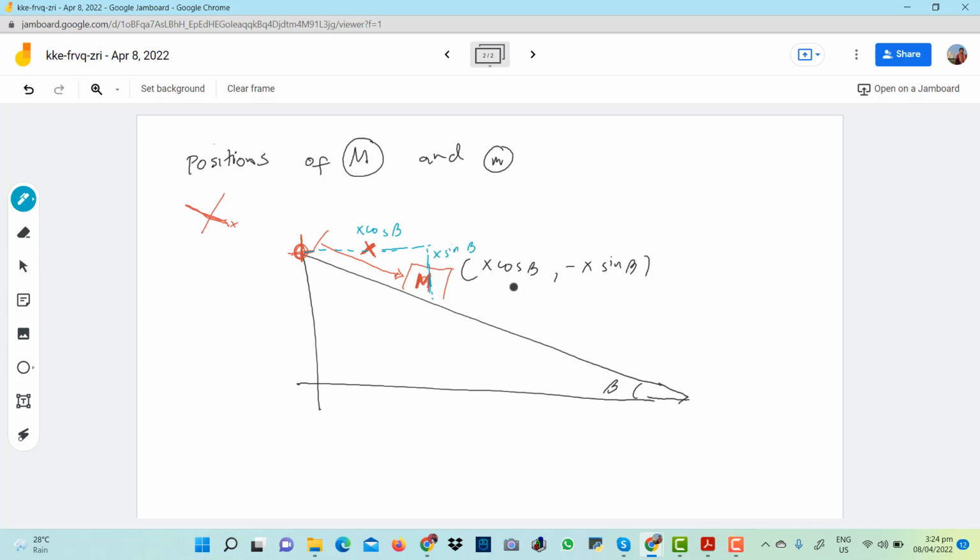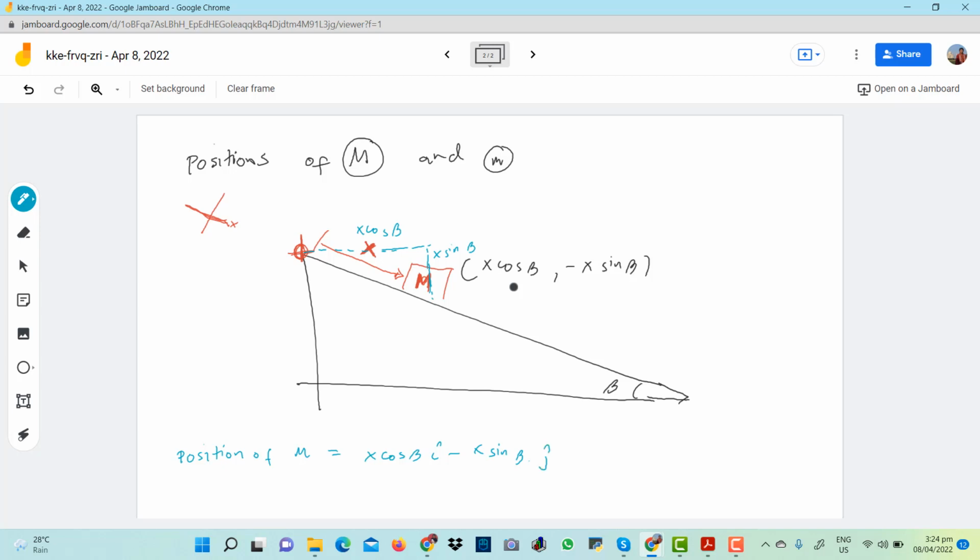Such that the position of M, if I write this in vectors, is x cosine of beta i hat minus x sine of beta j hat.